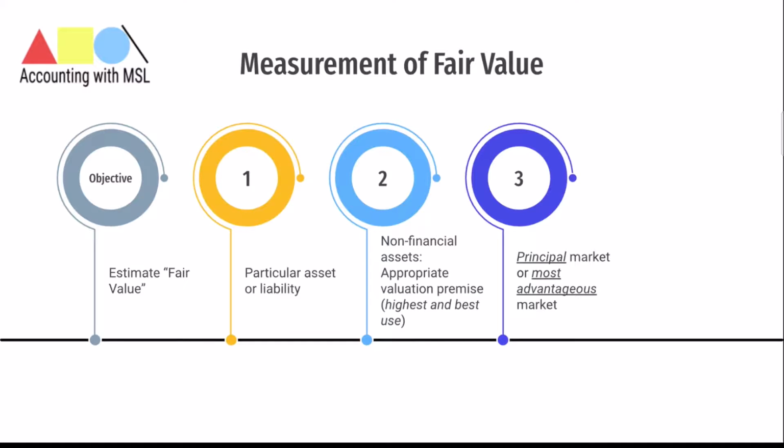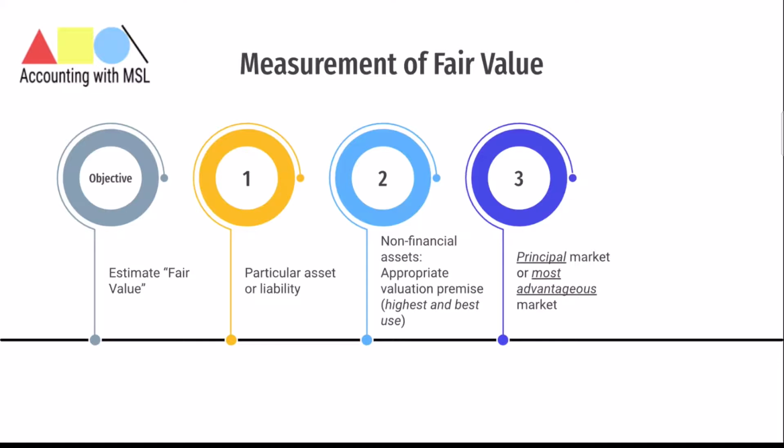Where can I secure the best possible price if it's an asset? Or where would I have to incur the lowest possible cost if it's a liability? So take note, principal market and most advantageous markets are not the same, but they are required to be considered in your determination or in the process of arriving at your fair value.